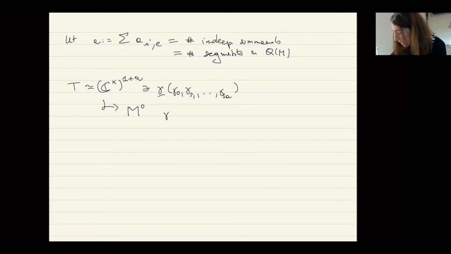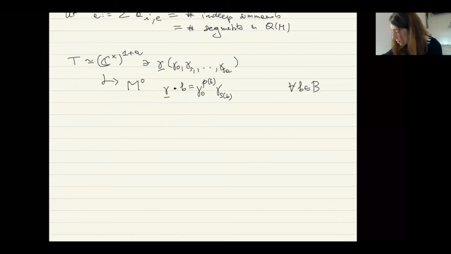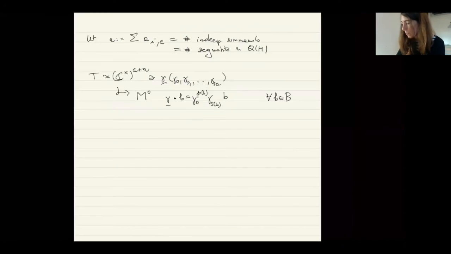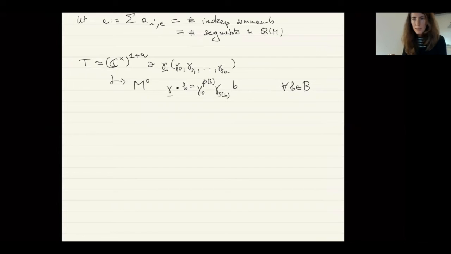And so I have to tell you how gamma underline is acting. Well, I tell you how it acts on a basis element, and then we just extend it by linearity. Here, this is just rescaling the vector by gamma_0, which is this extra parameter that keeps track of the position of the point on the segment, so P of B, and then gamma of the segment corresponding to B, and that's the number I want to multiply B by. So it's just rescaling that.